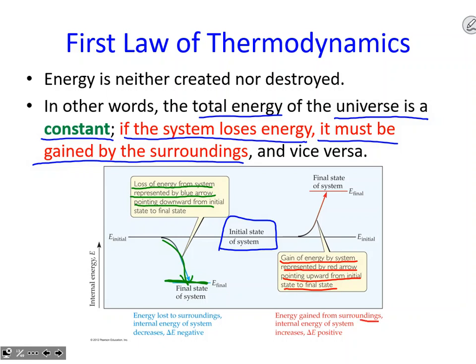Energy is gained from the surroundings, but it is of equal magnitude. So if this was losing right here, that means the surroundings are gaining that amount of energy. This one, the system was gaining, so the surroundings are losing that same amount of energy, or it's being absorbed from the surroundings, is another way to say that. Of equal magnitude, it's a transfer.